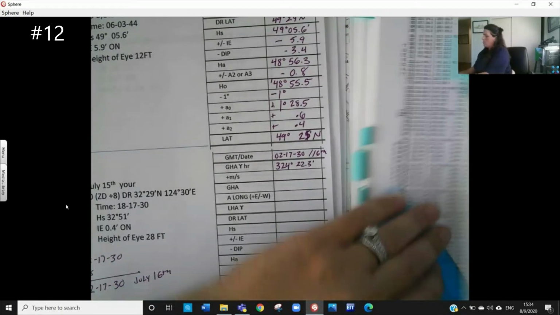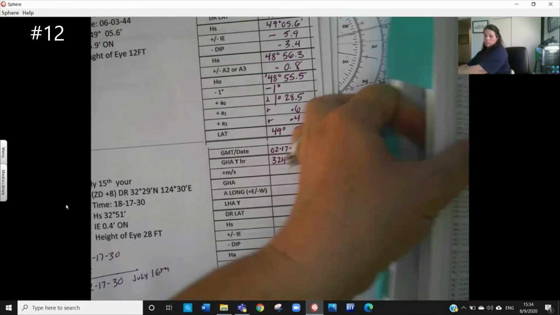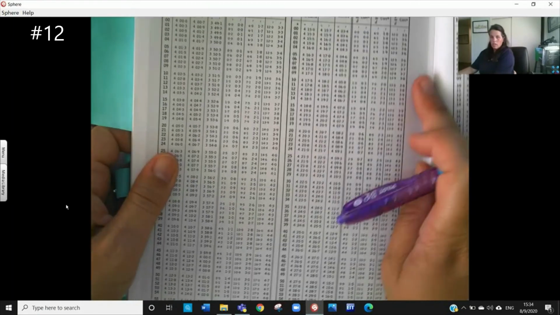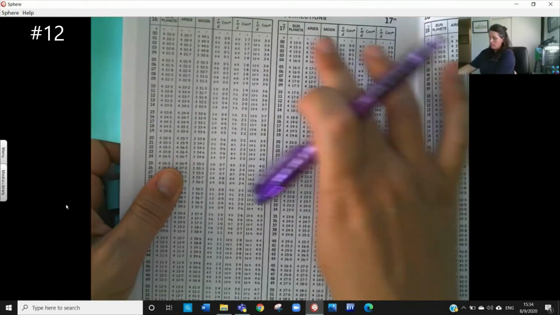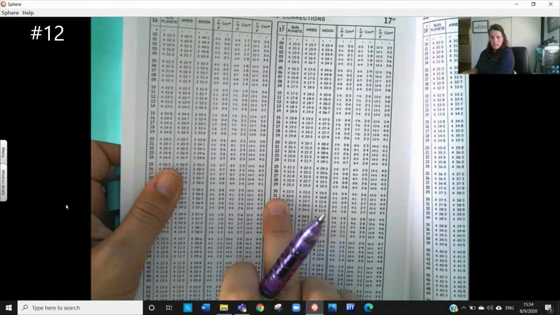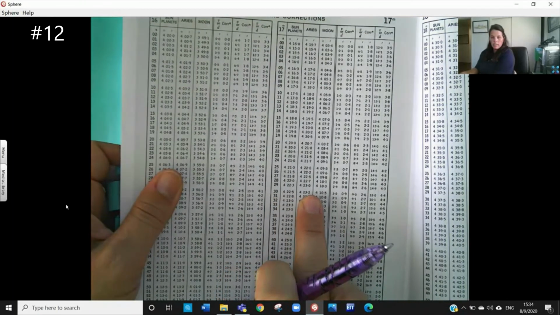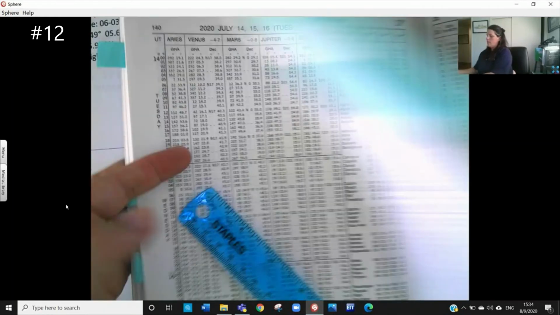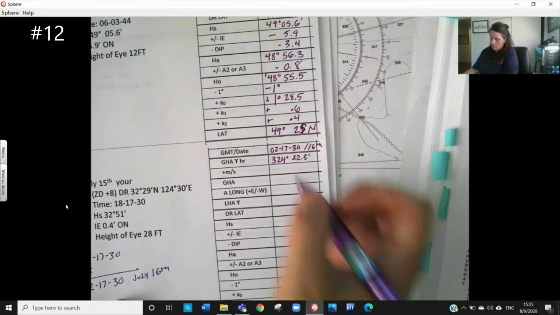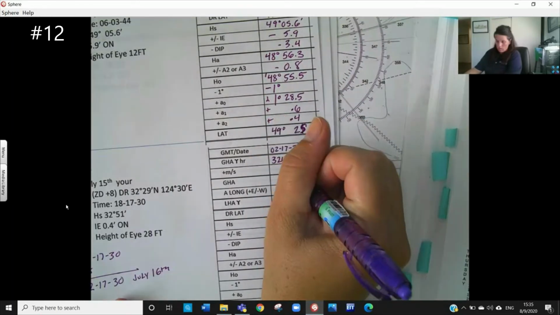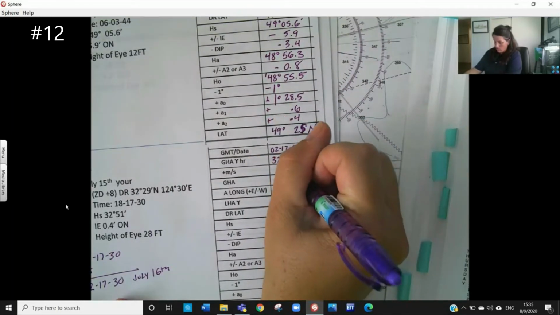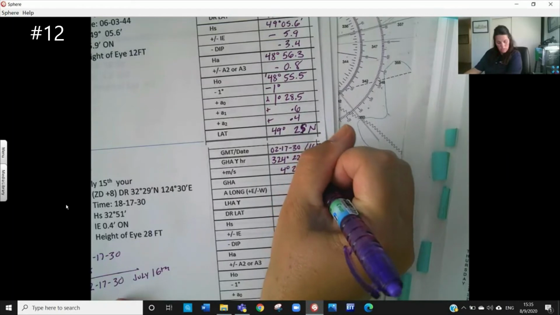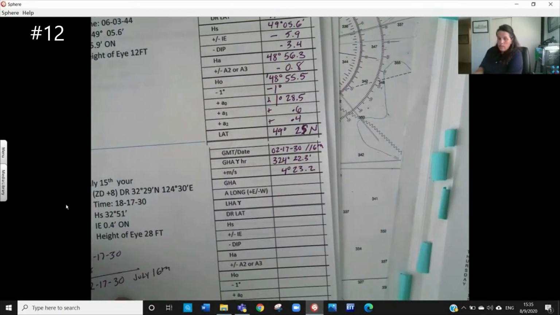So we'll go to the back. 17 minutes, 30 seconds for Aries is going to give us 4 degrees, 23.2 as our minutes and seconds correction. Add those up.